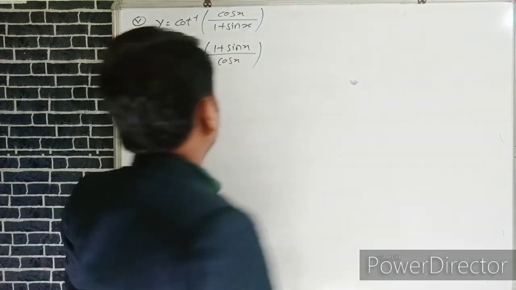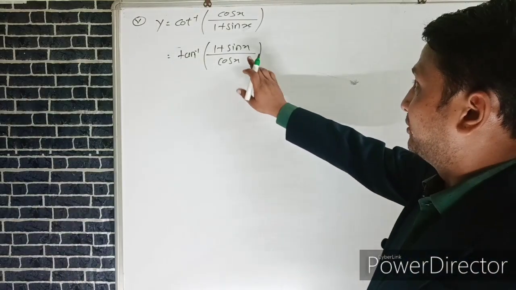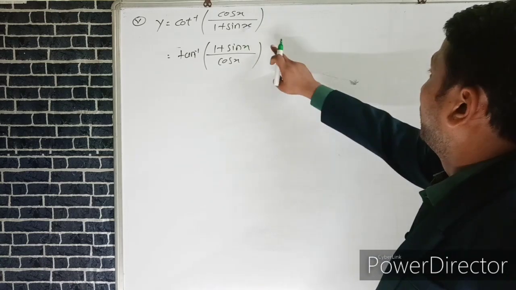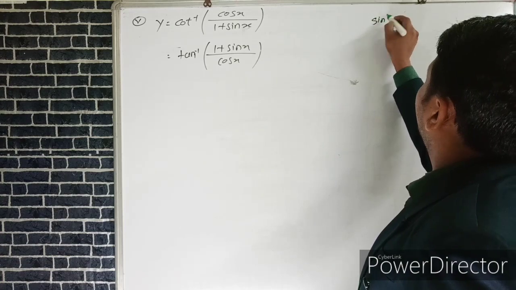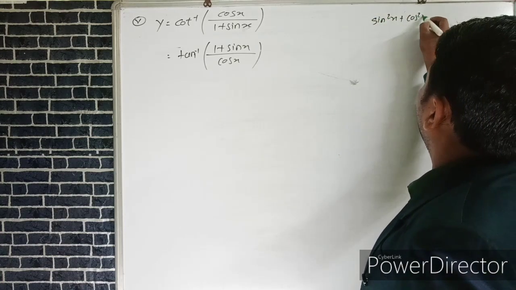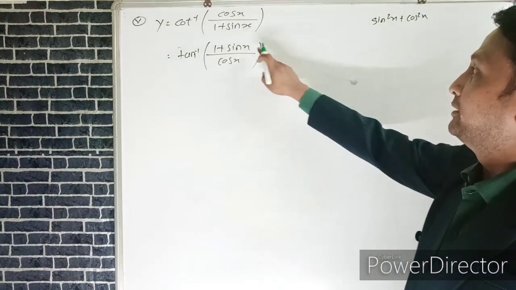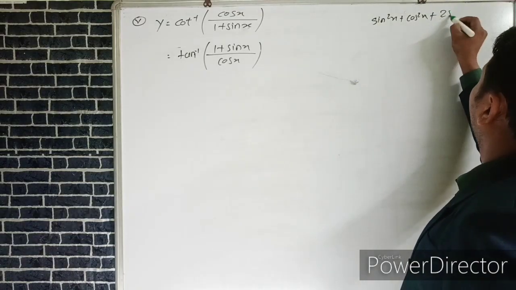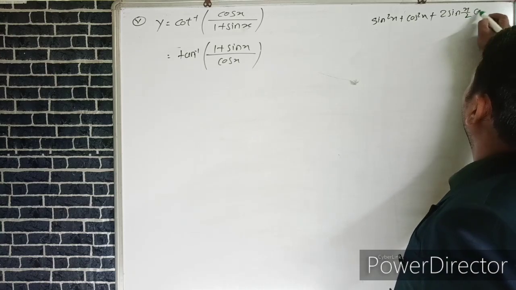We know that for 1 plus sin x, we have to convert this function. 1 means sin square x by 2 plus cos square x by 2, and we can write sin x as 2 sin of x by 2 into cos of x by 2.